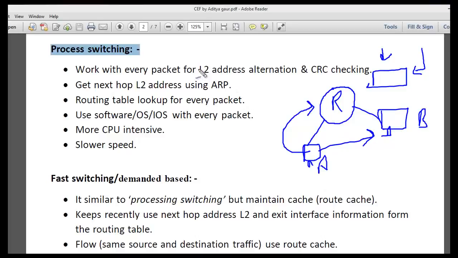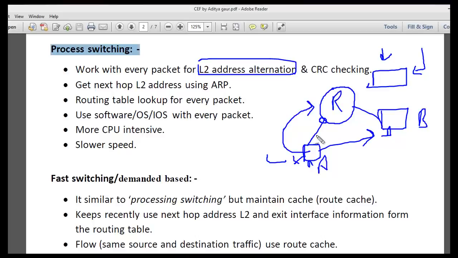So it alters the layer 2 addresses. While computer A is sending that frame, it puts the MAC address of computer A as source and the MAC address of the router as destination.